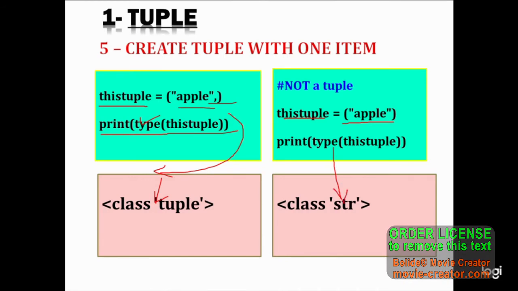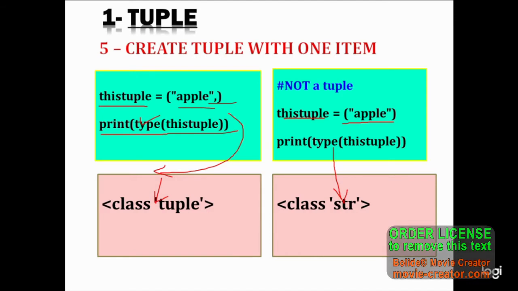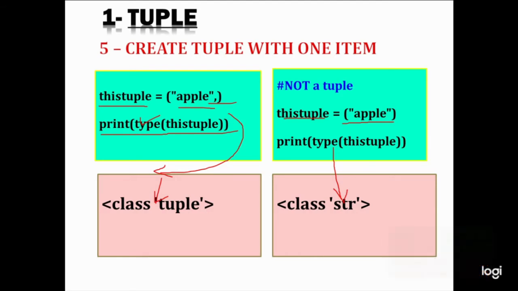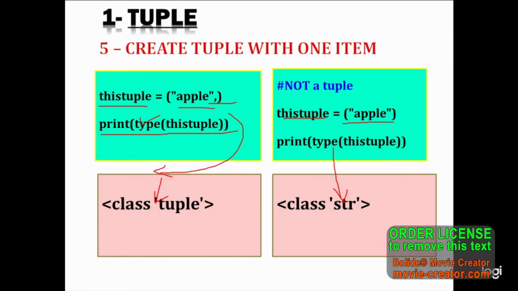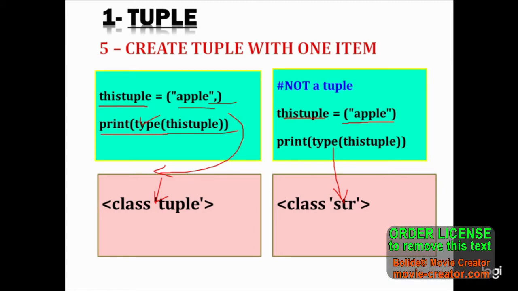It means this is not a tuple, this is a simple string. So remember students, you have to put a comma even when you are using a single tuple item.